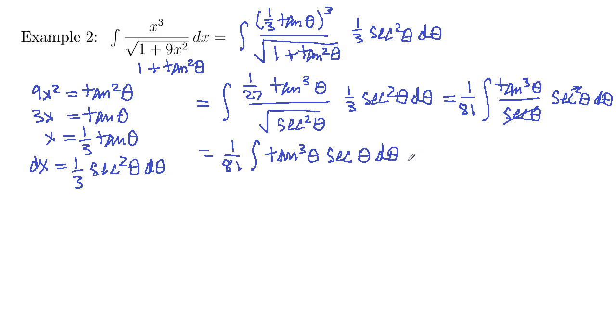So now it's a trig integral. We don't have a secant squared, but we do have a secant tangent that we can pull out, and that's going to be your du, which means u is going to be secant. So here we're going to let u equal secant theta. du is going to be secant theta tan theta.